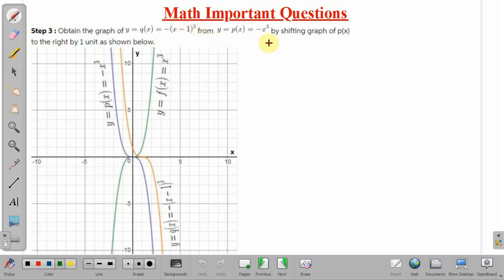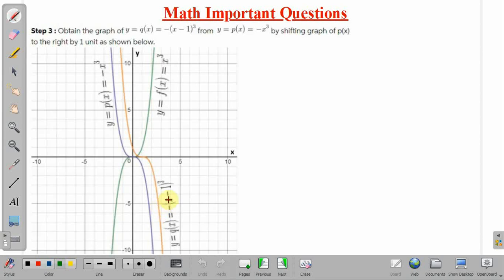So if we shift the graph of p(x) by 1 unit towards the right, we can obtain the graph of q(x). This is our graph of p(x). This orange line is obtained by shifting the graph of p(x) by 1 unit towards the right, towards the positive direction of the x-axis. So this is y equal to q(x), that is equal to minus of (x minus 1) raised to the power 3.